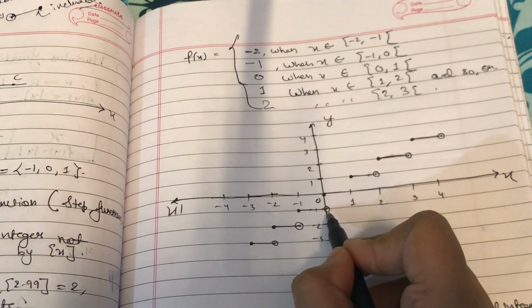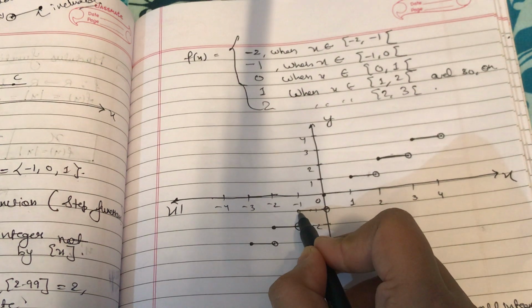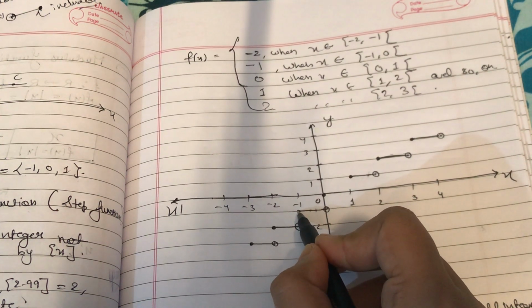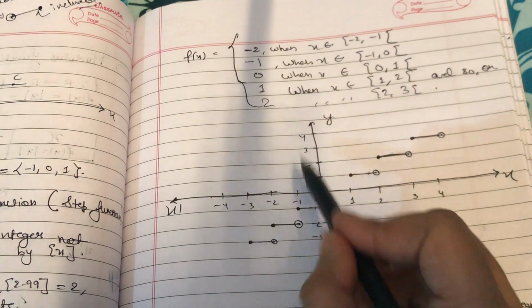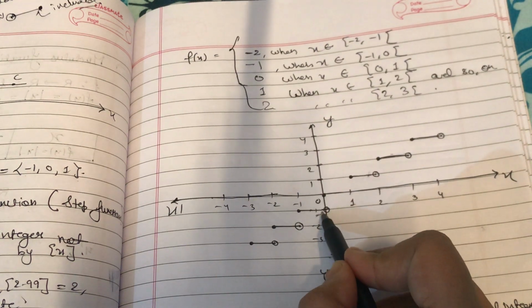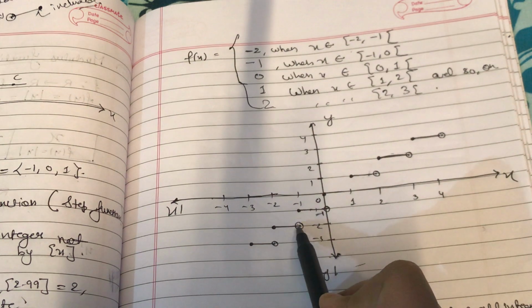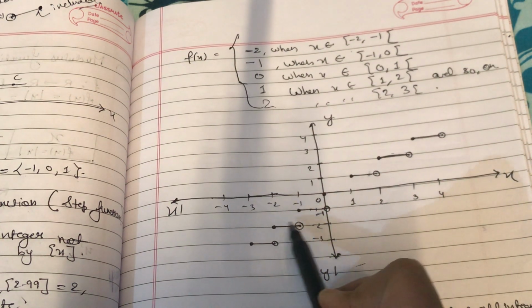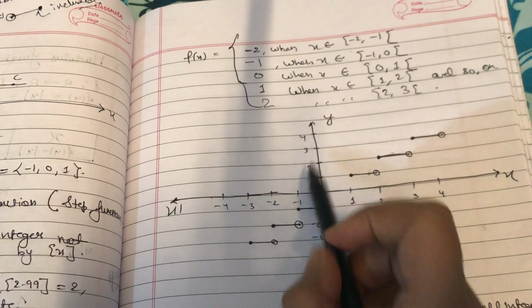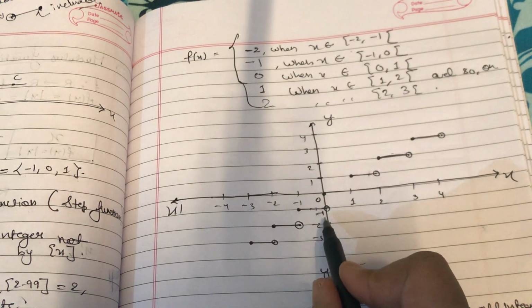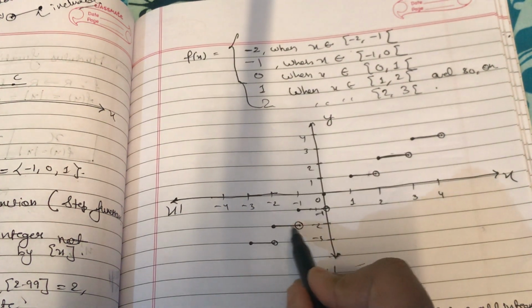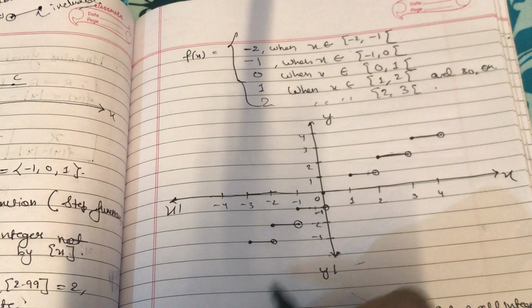So as you can see, here there is a sign of exclusion and here a sign of inclusion, right? For -1 to 0 I am getting y equals -1. So -1 is here. For x from -2 to -1, where -1 is excluded, I am getting -2. So here this height represents -2. So likewise I'll plot the graph.